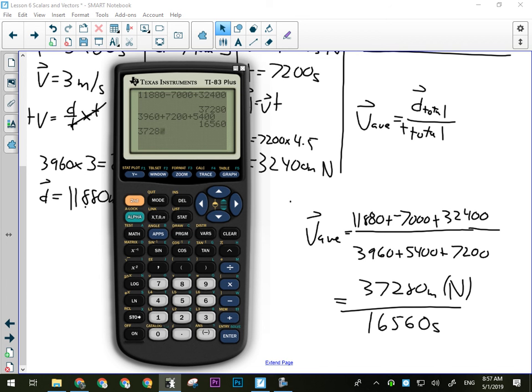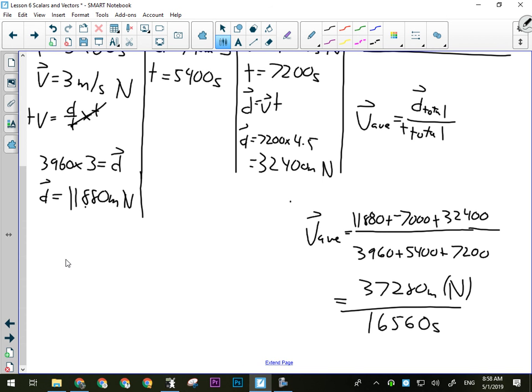All right, so the average velocity of the elephants, after all of this, is 2.25 meters per second north. Right.